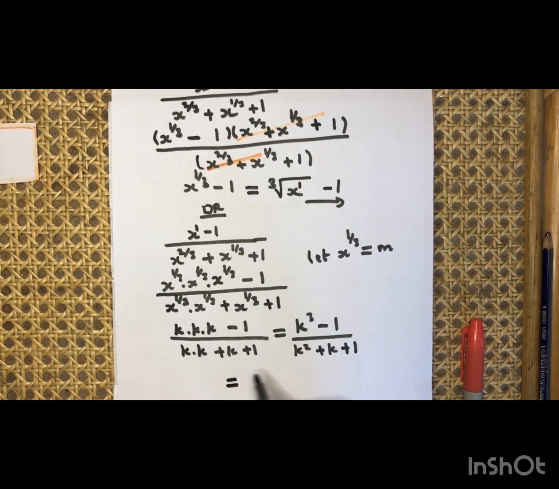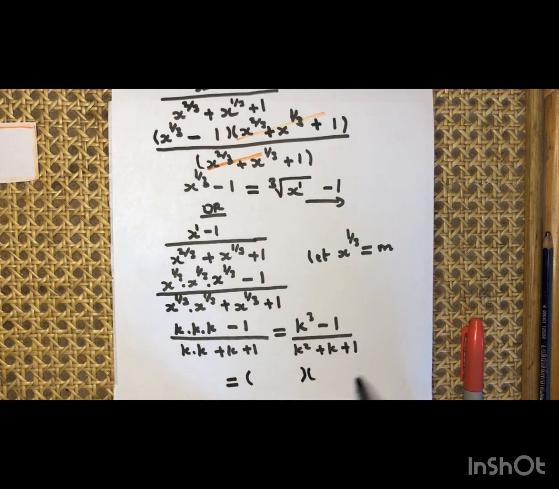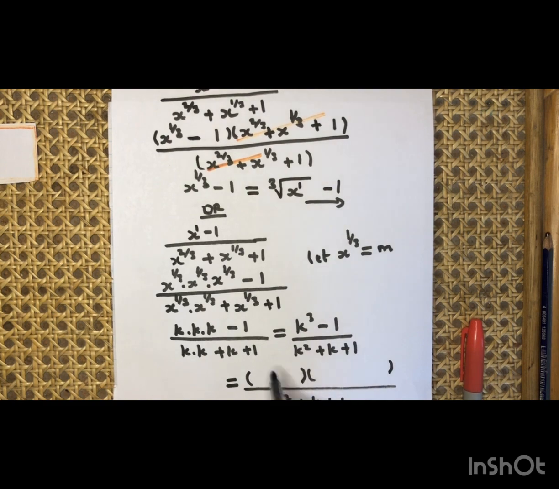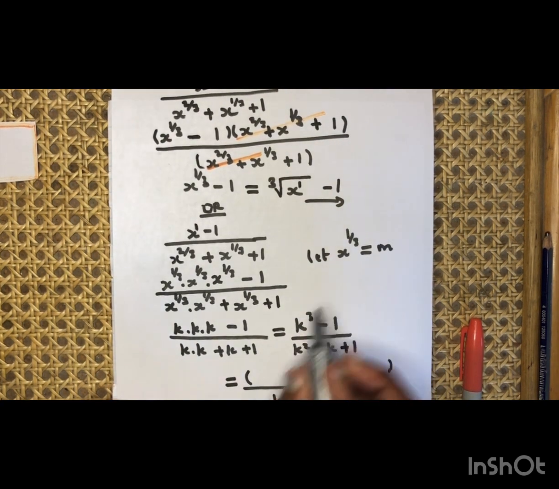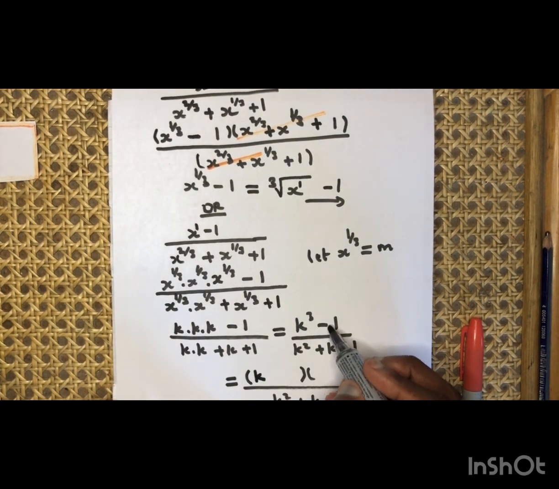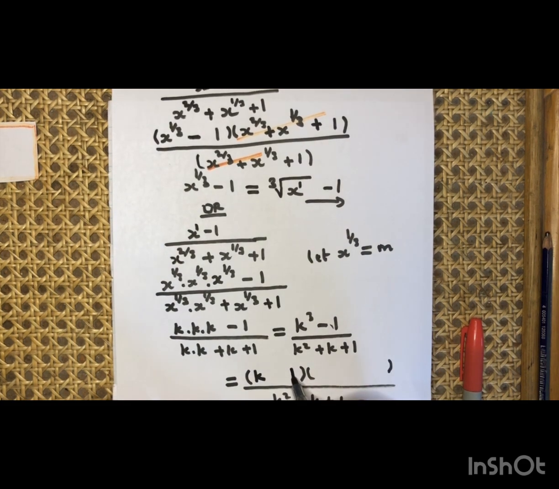So I'm going to continue here. I'm going to open two sets of brackets. Then on this one I must have a trinomial divided by k squared plus k plus 1, because we can see that we cannot factorize this one. If you put the cube root here, you get k. If you put the cube root again with 1, you get 1.